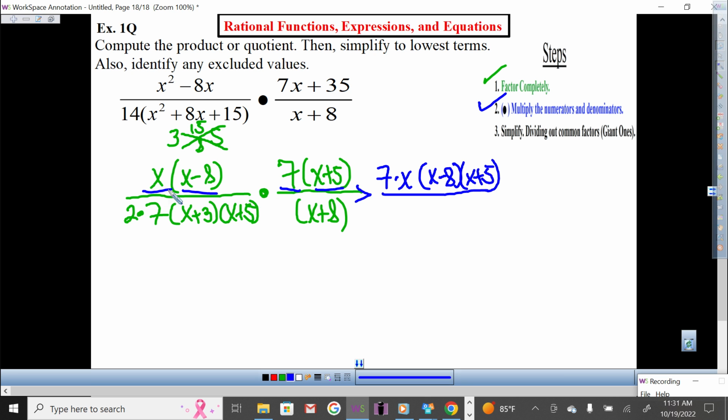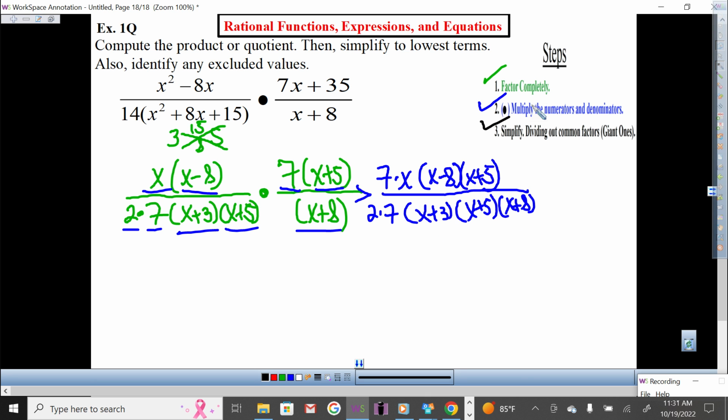Numbers first, monomial second, then binomials. So for this one, we start with what? 2 times 7. And then x plus 3. And then x plus 5. And then x plus 8. Hands if you got that by yourself. Okay? All right, we're done with step 2.